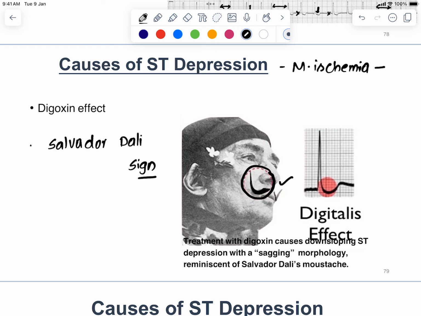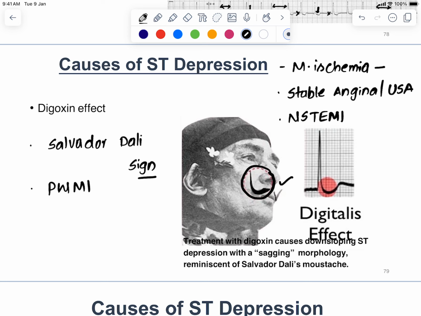That includes stable angina, and the second one is the unstable angina. And next, in patients with non-ST elevation MI, you have this ST segment depression. Next, digoxin effect also causes ST segment depression, and so does posterior wall MI.